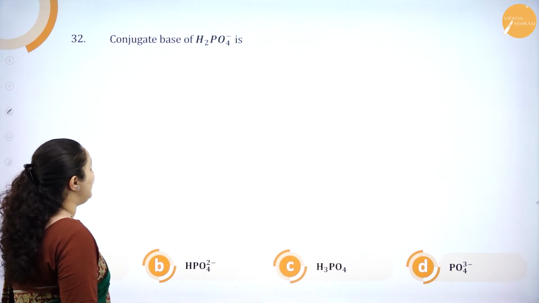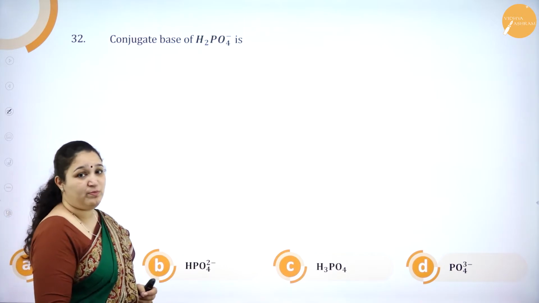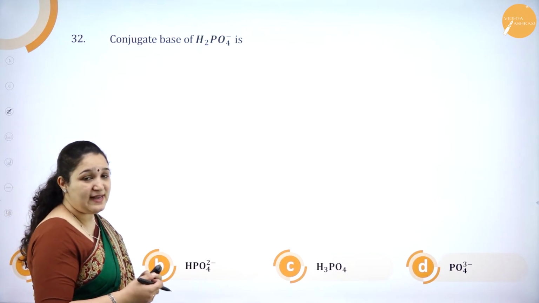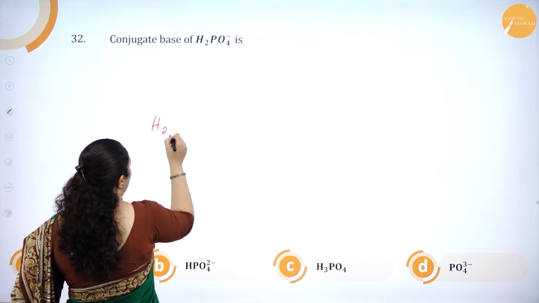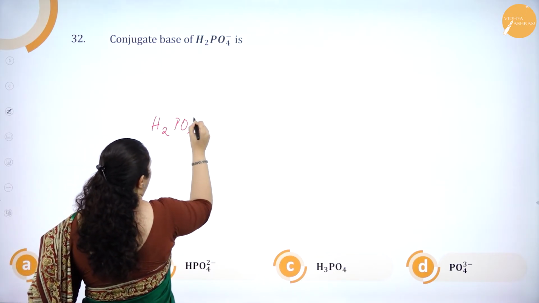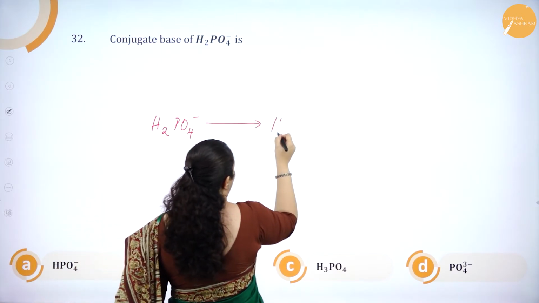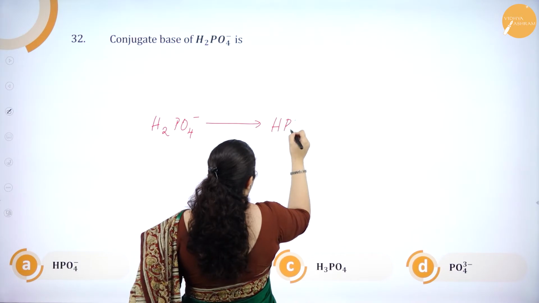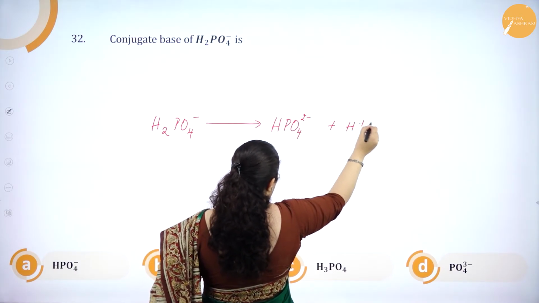Conjugate base of H2PO4 minus is. See, if I want a conjugate base, that means this should be an acid, isn't it? An acid will lose an H plus ion. So here, H2PO4 minus, if it loses one more H plus ion, I will get HPO4 2 minus plus H plus.